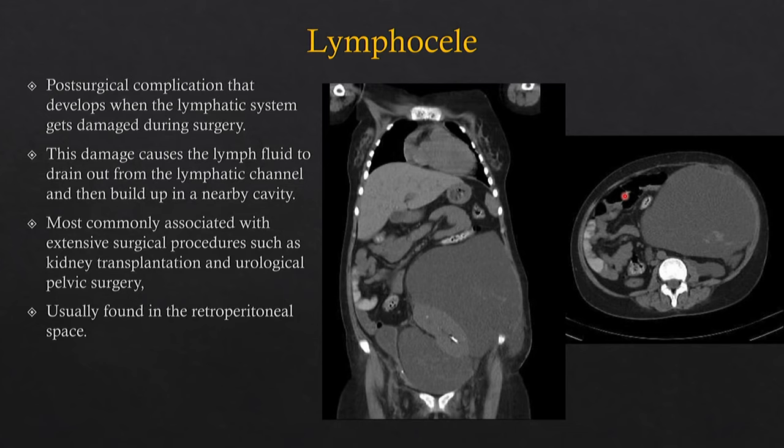It can also be a consequence of instrumentation of the lumbar or thoracic spine, because some important vessels of the lymphatic system, like the cisterna chyli, are near these structures. It is most commonly associated with extensive procedures and is usually found in the retroperitoneal space.